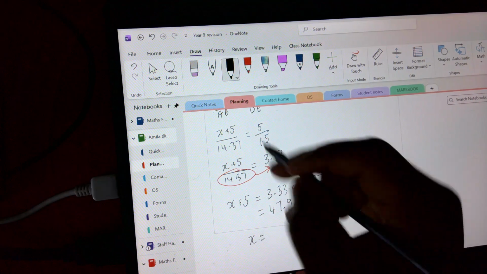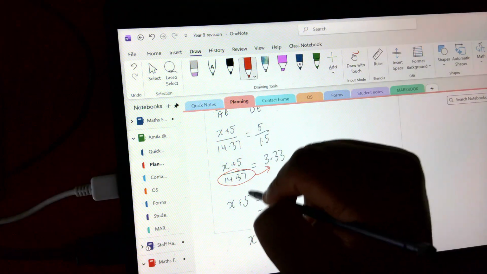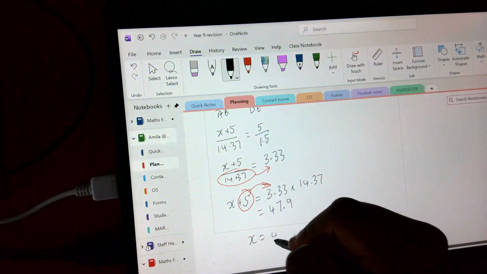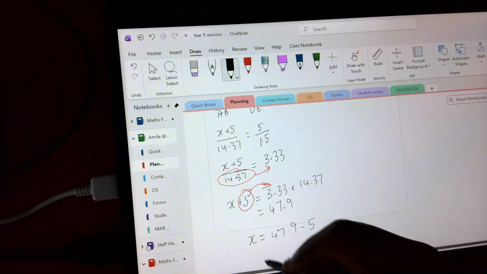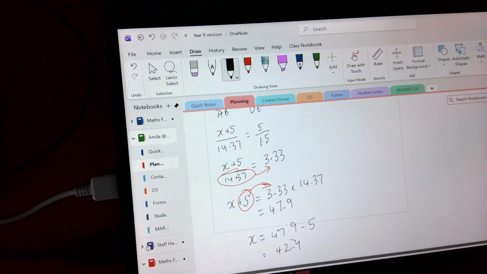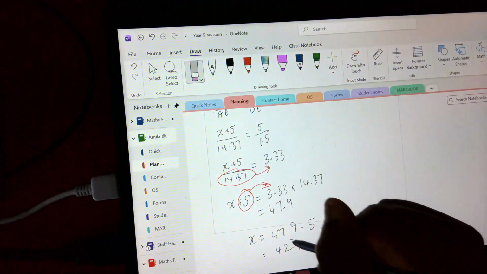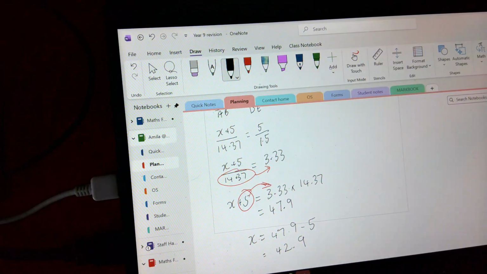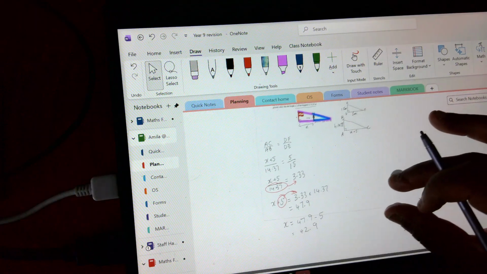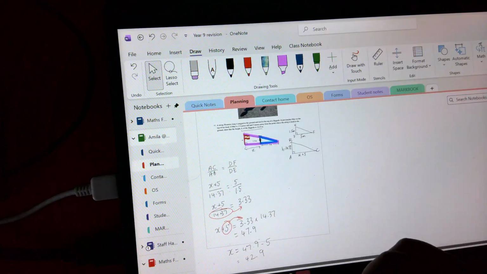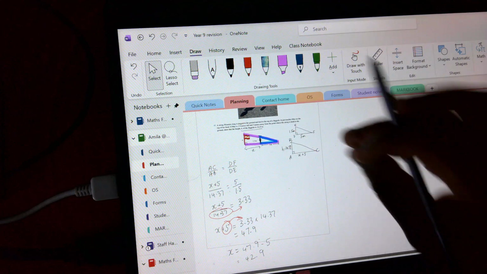To get x by itself, I'm going to take plus 5 and move it over, which means 47.9 take away 5, which is 42.9. So x equals 42.9.